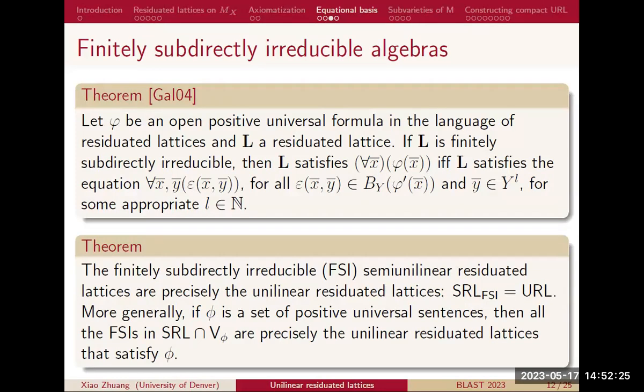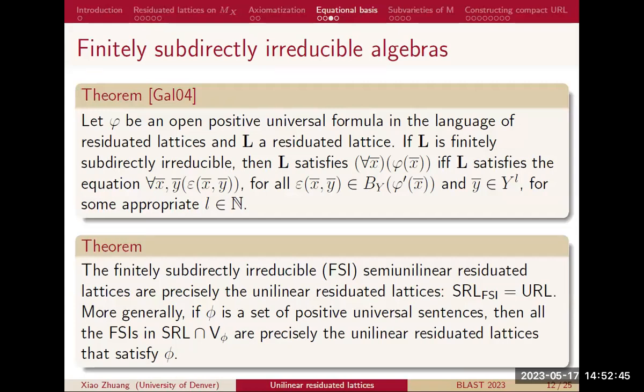Okay, now I think we could agree that the class of the finitely subdirectly irreducible ones in the variety, which we denote as SRL, is the class of URLs. It's not just about the class of URL3.